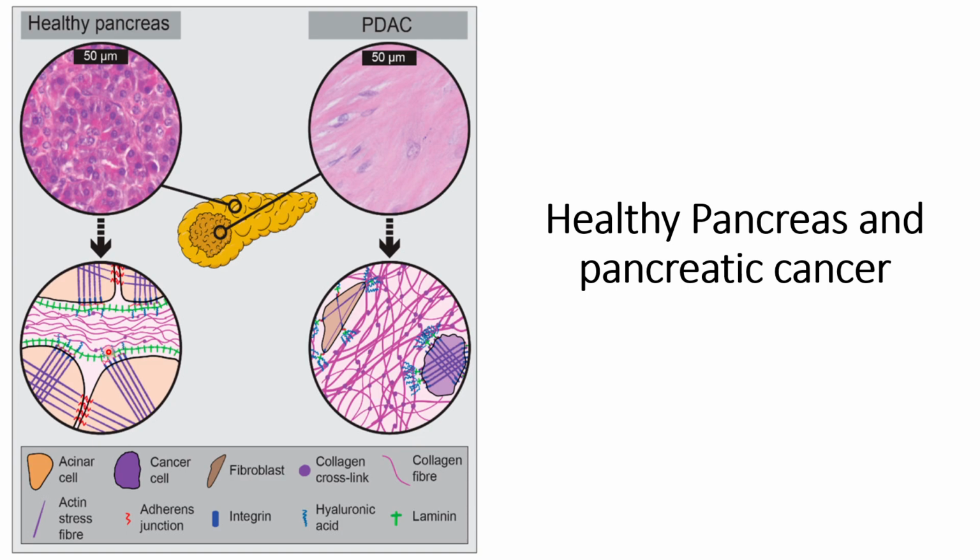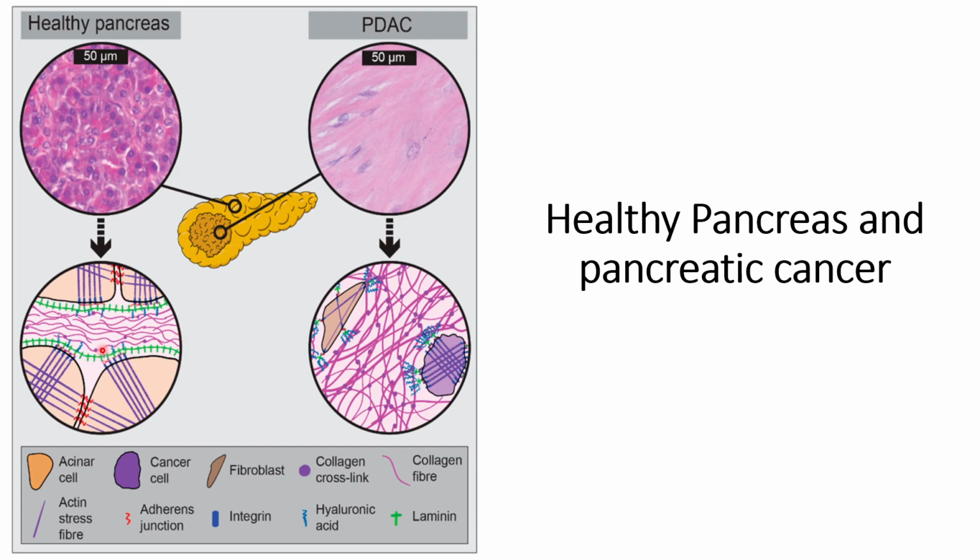Laminin is a glycoprotein that helps towards triggering various cell functions, and we can see that the amount of laminin is sufficient in the case of healthy pancreas, whereas the amount of laminin in the case of the pancreatic cancer cells is very low.